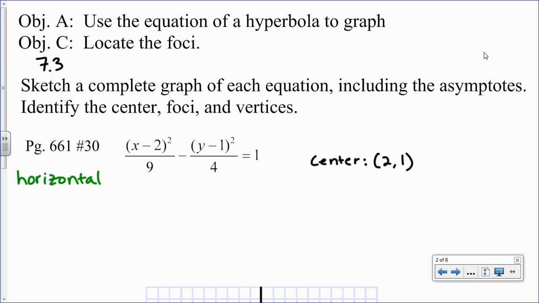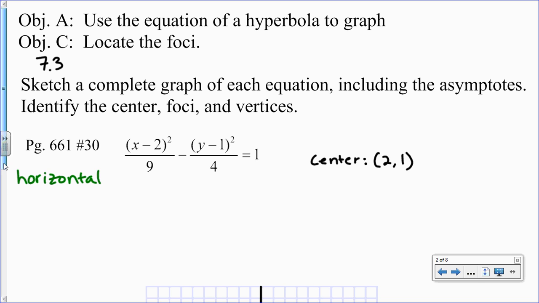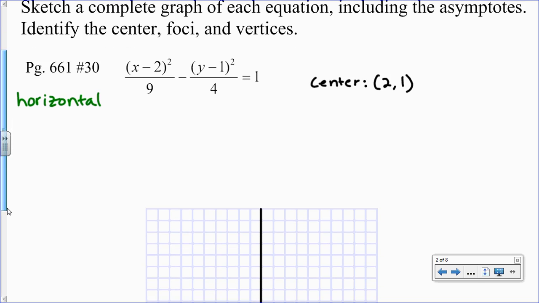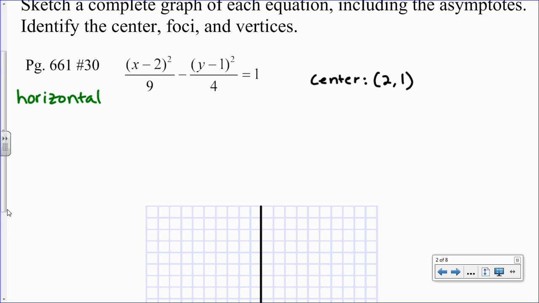Okay? So 2, 1. I also want a and b. Okay, so a squared is 9, so a is 3, and b would be 2.